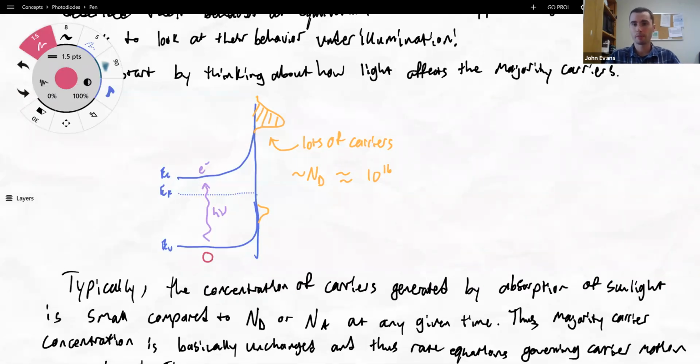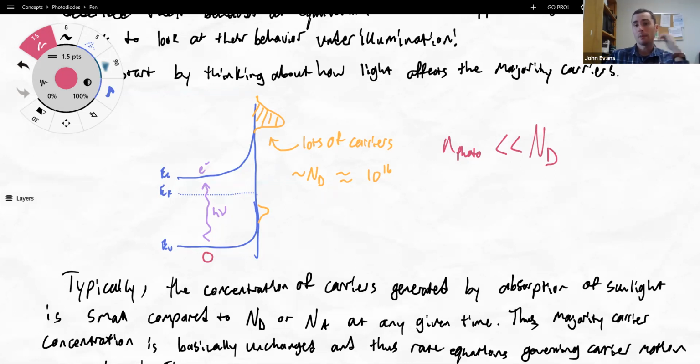So let's say the number of electrons from photons is generally much, much less than N sub C, the concentration of electrons in our conduction band, or equivalently, much, much less than N_D.